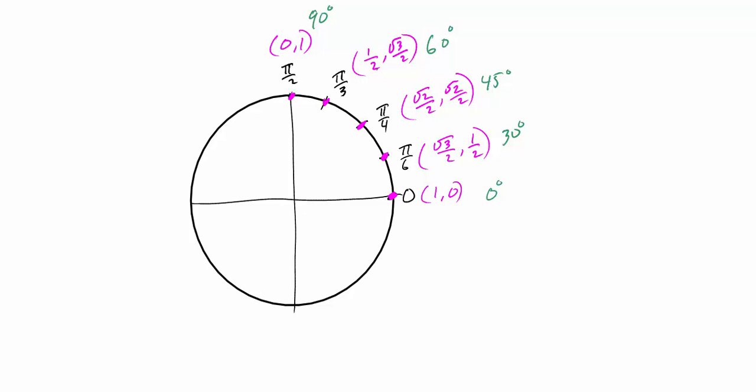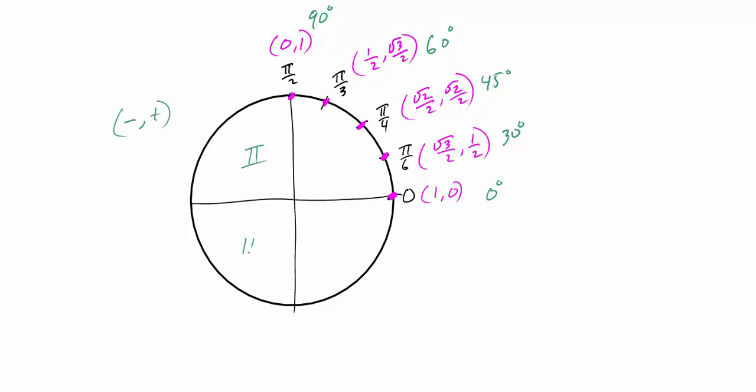And now, once you memorize the first quadrant, you should be able to determine the second, the third, and the fourth quadrant, because all of these values are going to be basically the same, just like we looked at in the previous videos. The only thing that's going to change is the sign of your numbers. So when we're in the second quadrant, we would know that the sign of your x would have to be negative and your y would be positive.